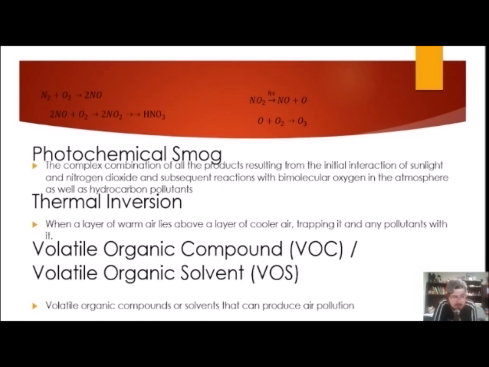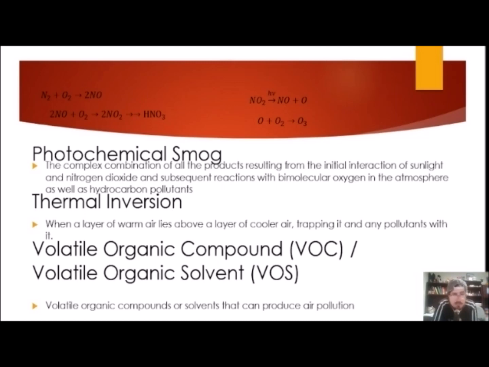Also, when struck by high-intensity ultraviolet light, nitrogen dioxide can break apart to form an atomic oxygen atom, which can then react with oxygen in the air to form ozone. All these nitrogen oxides and ozone are responsible for the brown haze we often see above the city.